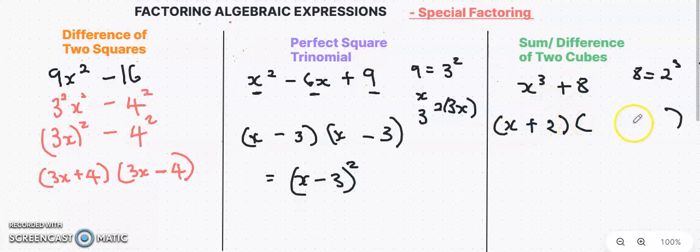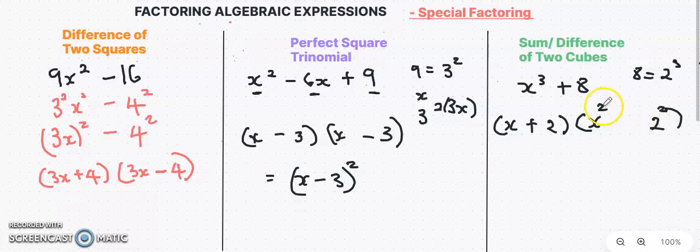For the trinomial brackets, after we put the first thing cubed, we are left with the square of the term. So write x squared. And after we put the second thing cubed, we are left with the square of the term. So we'll write 2 squared, which is equal to 4. And in the middle, we have the product of the square roots of the first term and the last term.